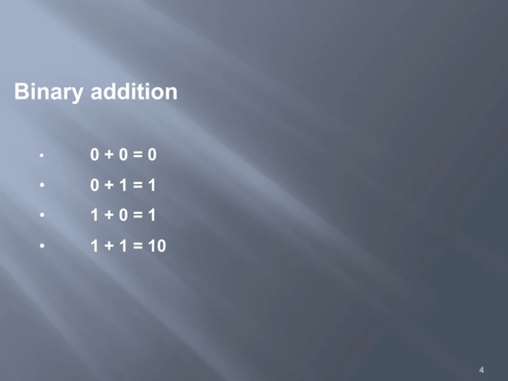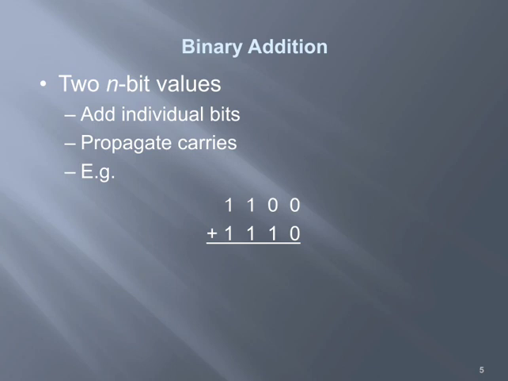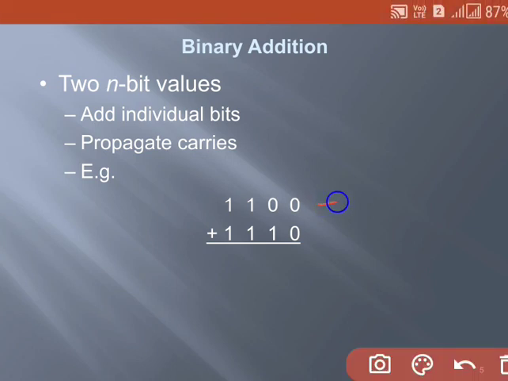Based on these four rules, you can do the binary addition of two binary numbers. As an example, I am considering two binary numbers like this. The first binary number is 1100 and the second binary number is 1110.